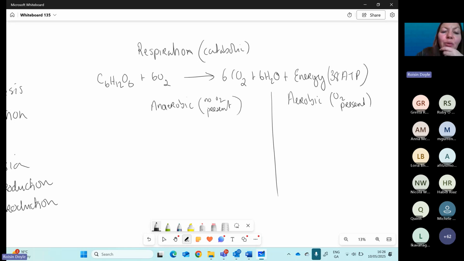So with anaerobic, you've got stage 1. What's stage 1 called? It's called glycolysis. You must know the location. The location is the cytosol.